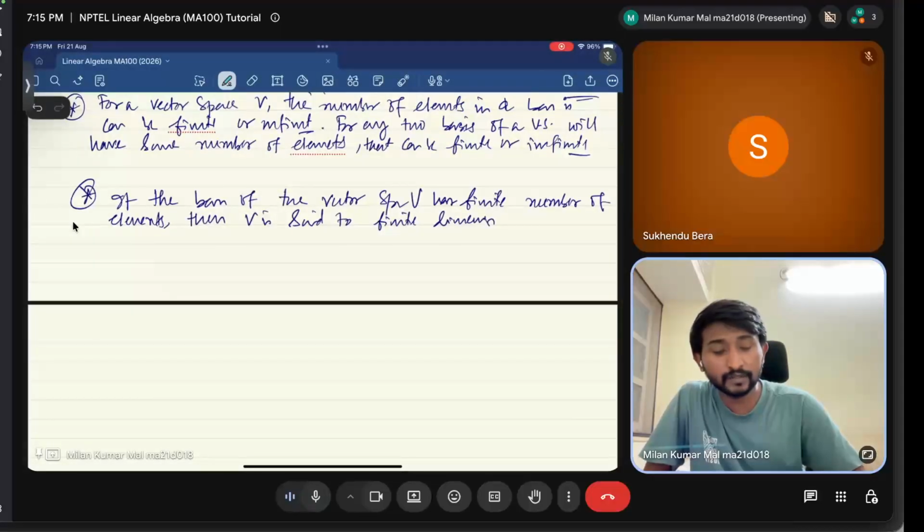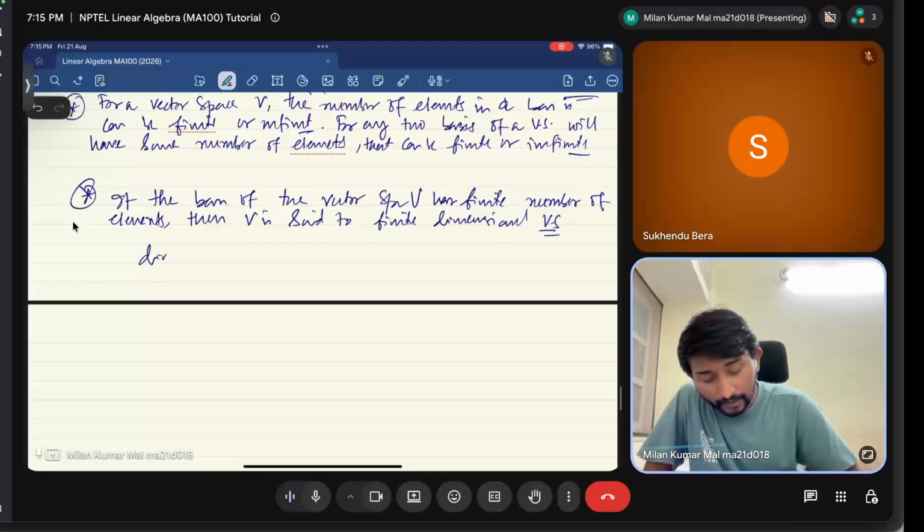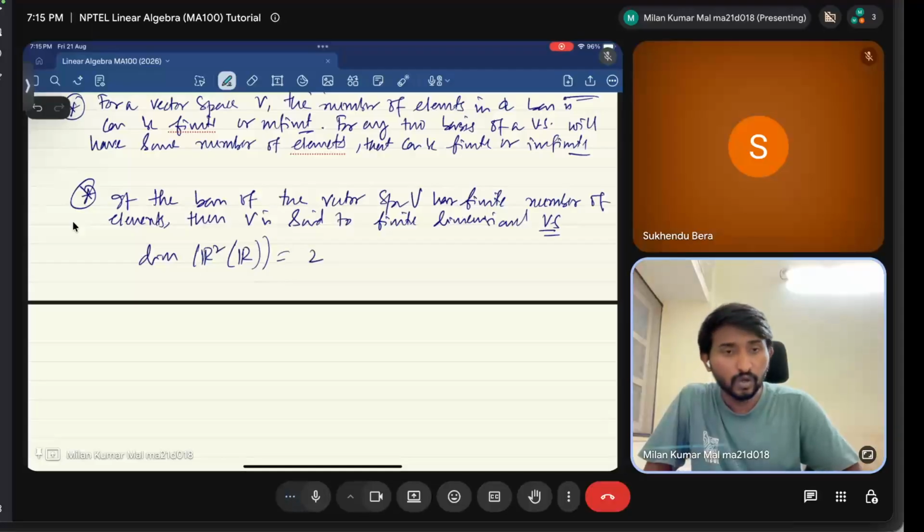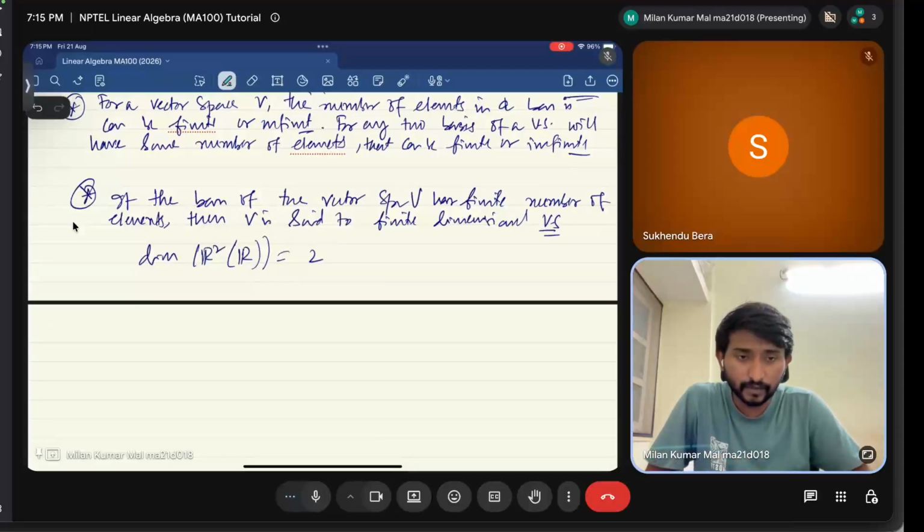Otherwise, it is an infinite dimensional vector space. So, the dimension of the vector space R2 over the field R is equal to 2. Whatever basis you choose, that doesn't matter. It will always have dimension two. Okay, this is the dimension.